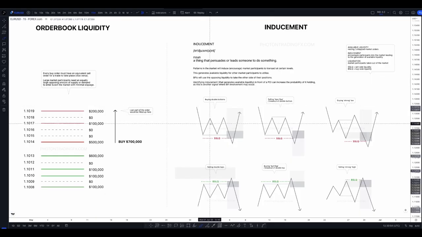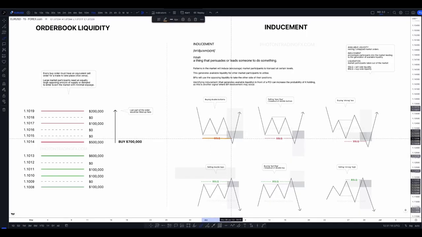So this pattern, these lows, the support level, whatever you want to call it, double bottom, it encourages market participants to think, okay, I want to buy here. I think this is a strong level. I think we're going to go up, and it induces them into the market to buy. It induces buyers, right? And that inducement by this pattern, this creation of these lows, encourages them to get long. And what does that inducement create?